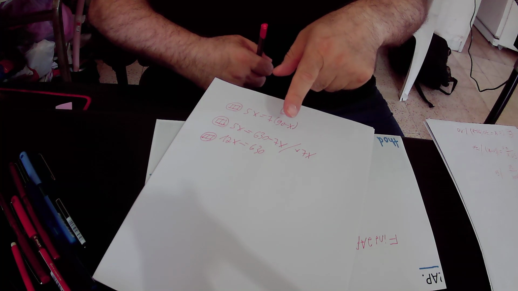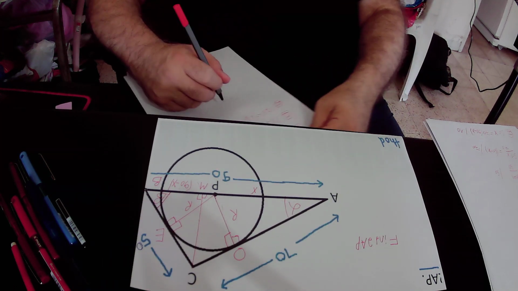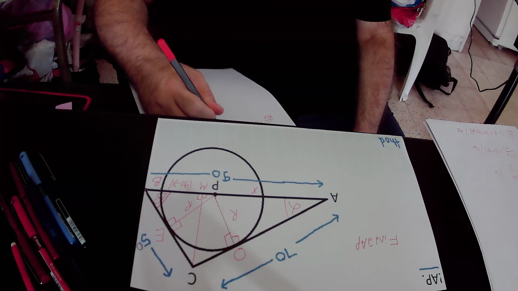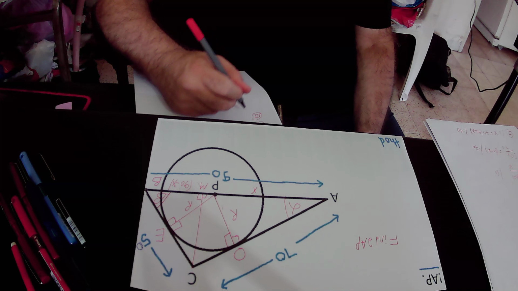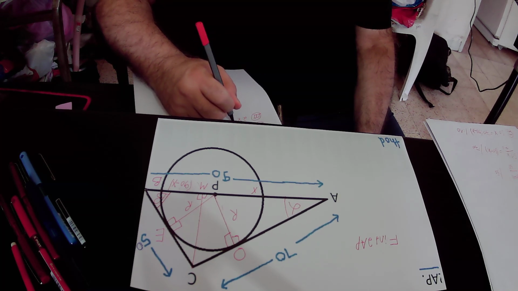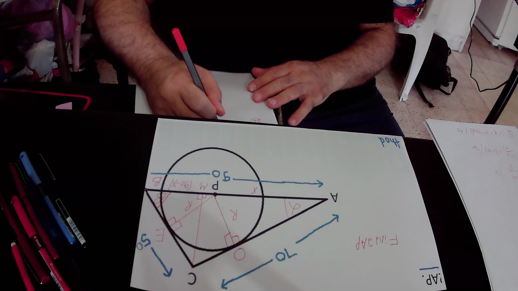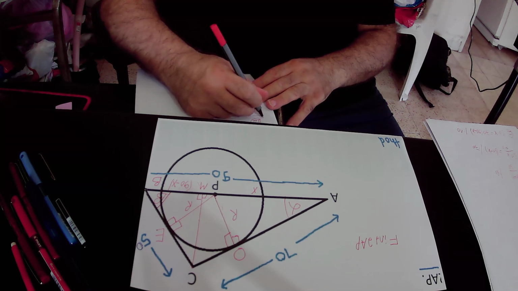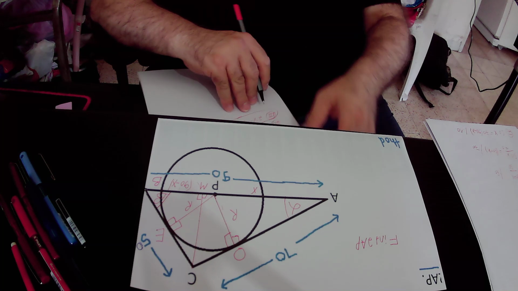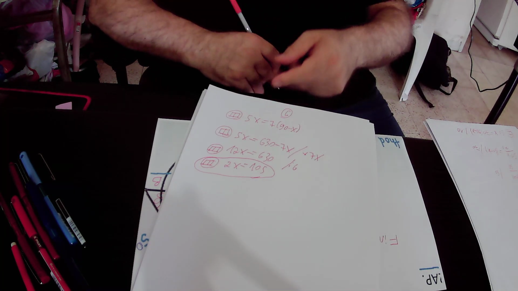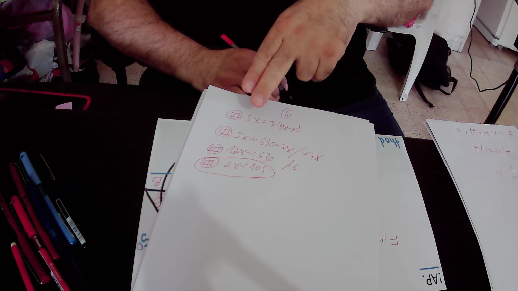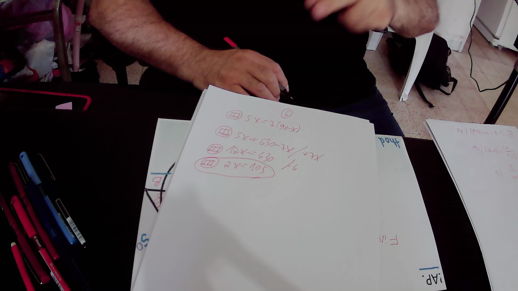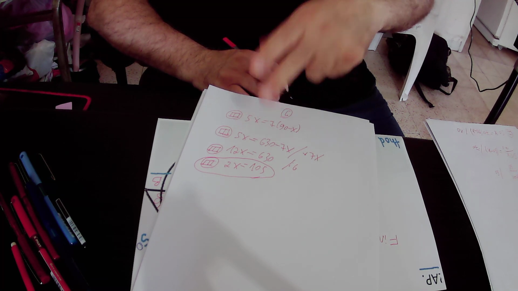Here we will divide the equation by 6. So we divided the equation by 6. 12x divided by 6 equals 2x, and 630 divided by 6 equals 105.